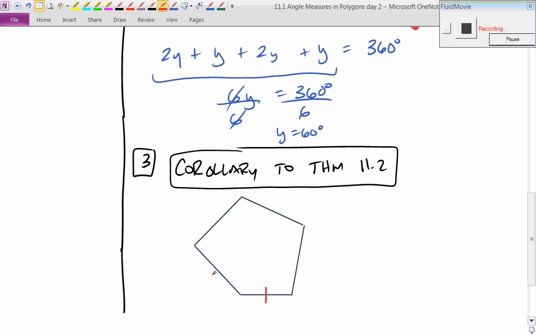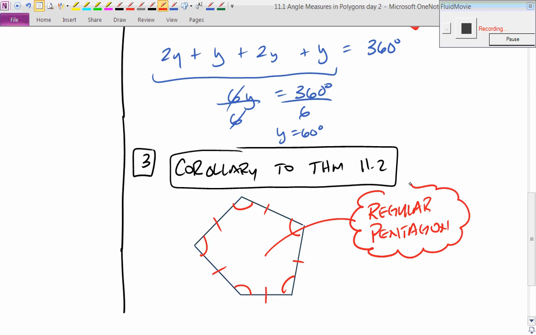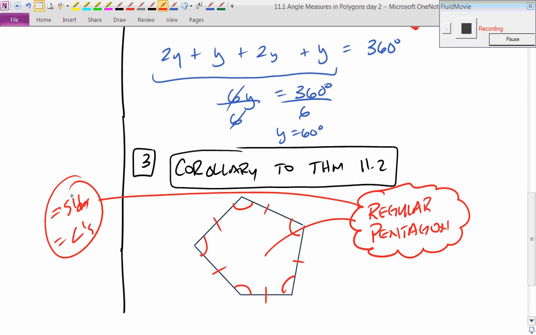So here we go. This will make it all better. So this is a regular pentagon. Regular means equal sides, equal angles. Remember that.